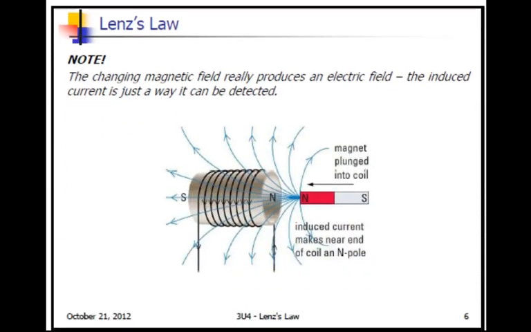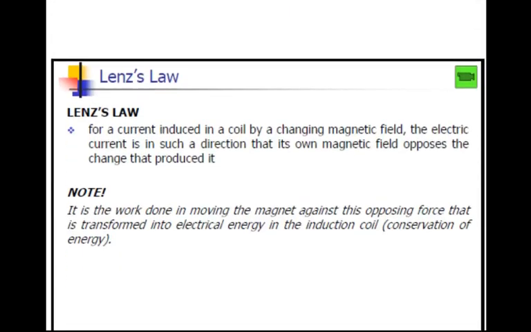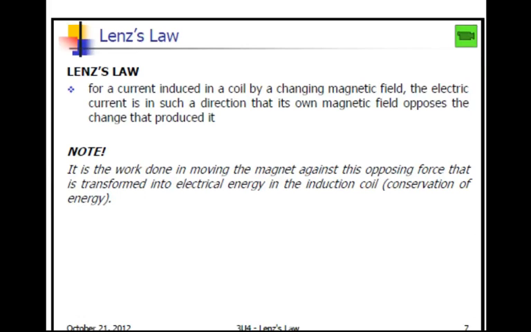So the changing magnetic field really produces an electric field, and the induced current is just the way that electric field is detected. So Lenz's law: for a current induced in a coil by a changing magnetic field, the electric current is in such a direction that its own magnetic field opposes the change that produced it.